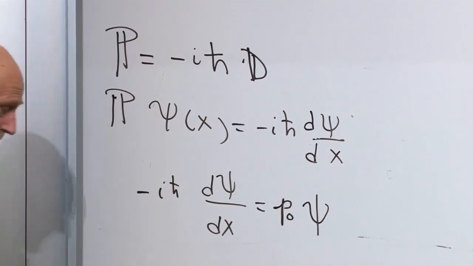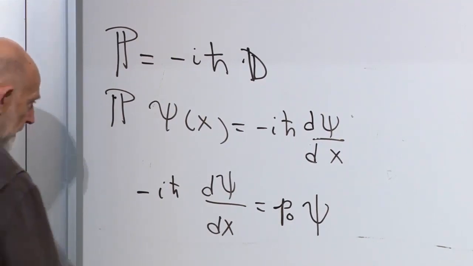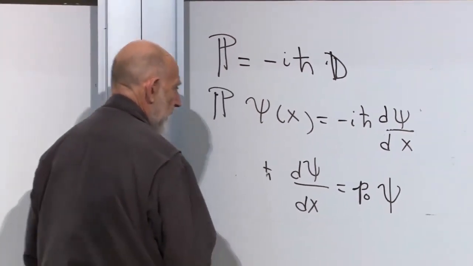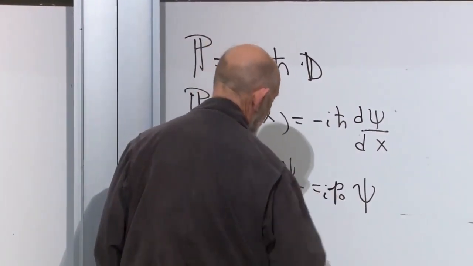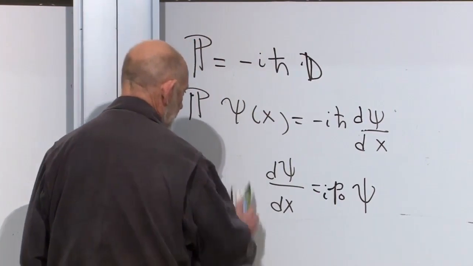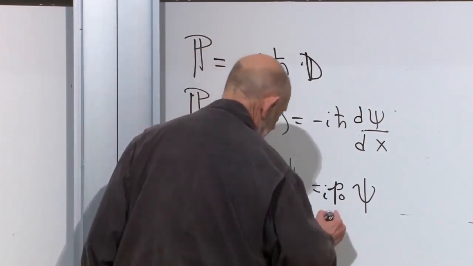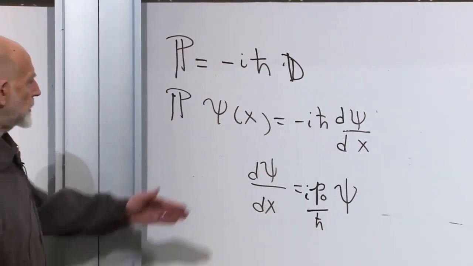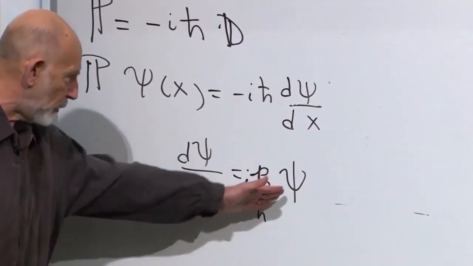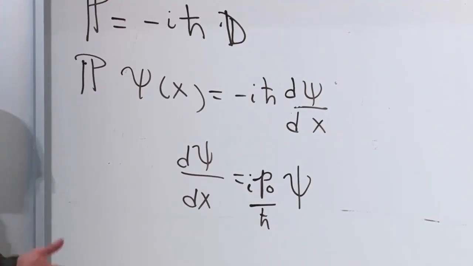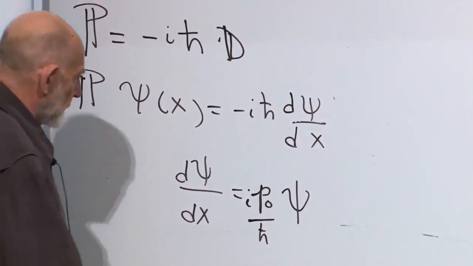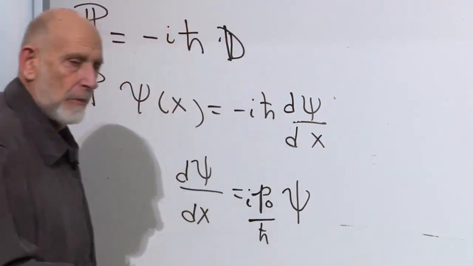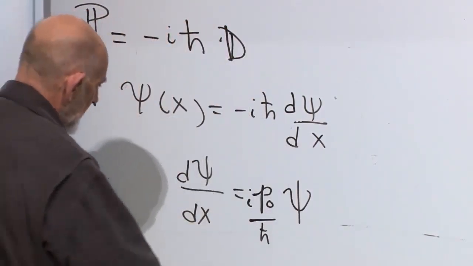If we get rid of the minus i here, it becomes a plus i on this side, and we can divide by h bar. All right, so this is just the equation for an exponential, a derivative being proportional to the same function, and the solution for psi is unique apart from a multiplicative constant.